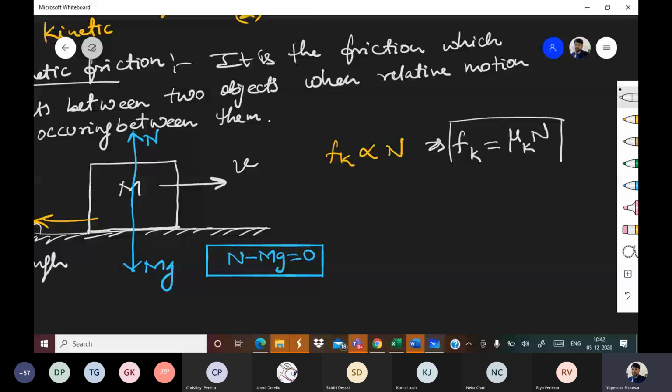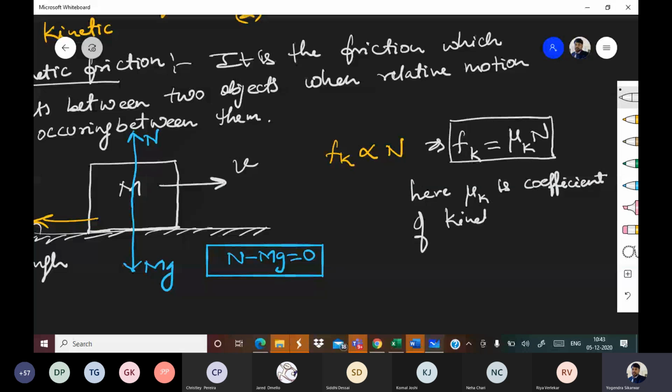What is mu k here? Please write: here mu k is the coefficient of kinetic friction. What is N here?